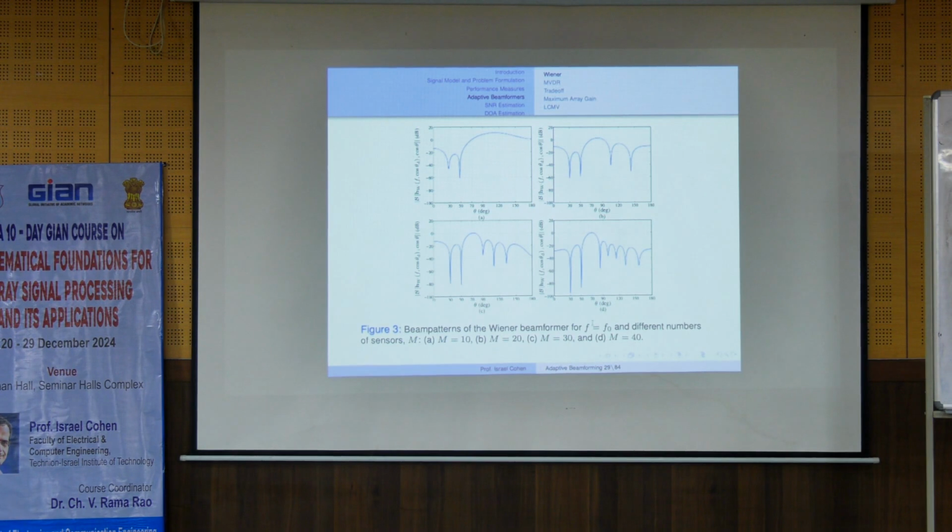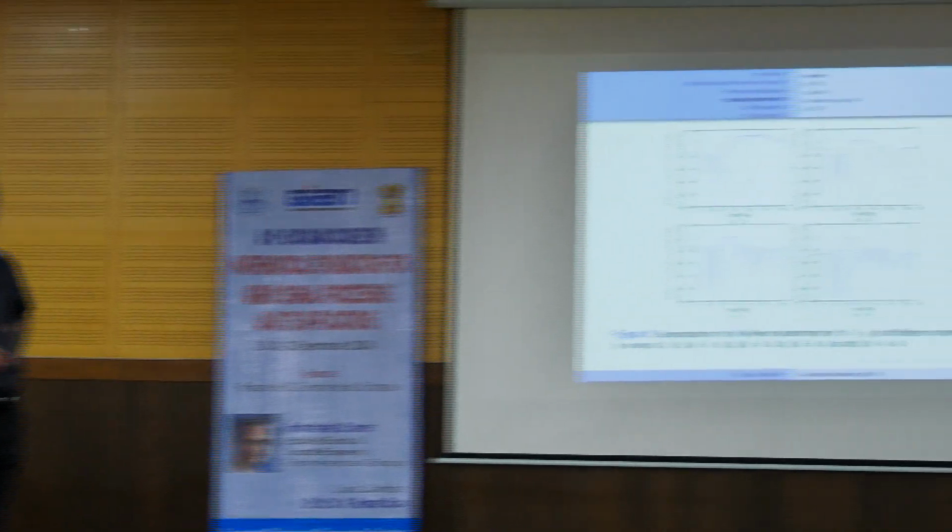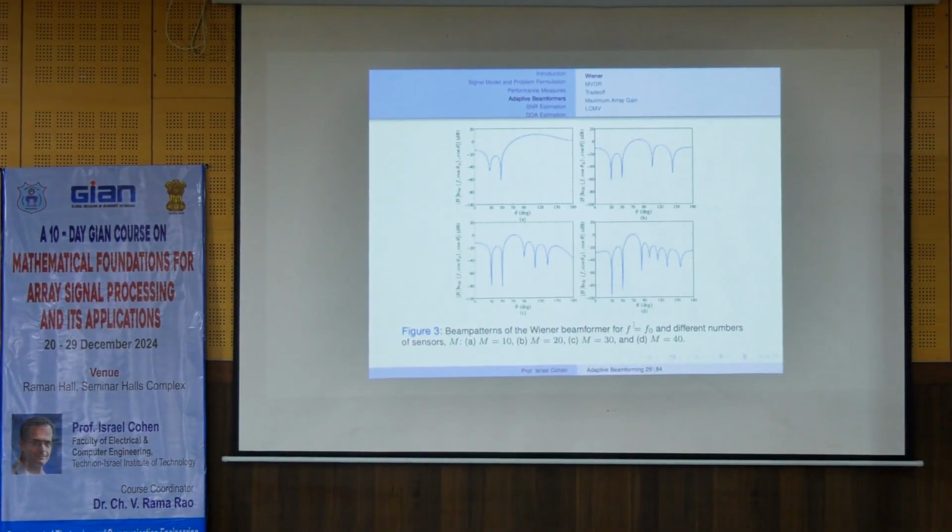When you design based on this information, because of the small number of sensors, only 10, the optimal beamformer amplifies noise from these directions. But because we don't have a source there, why not increase this? It's okay, this is the optimal beamformer. But if suddenly there is an additional interference from this direction, it will amplify it.